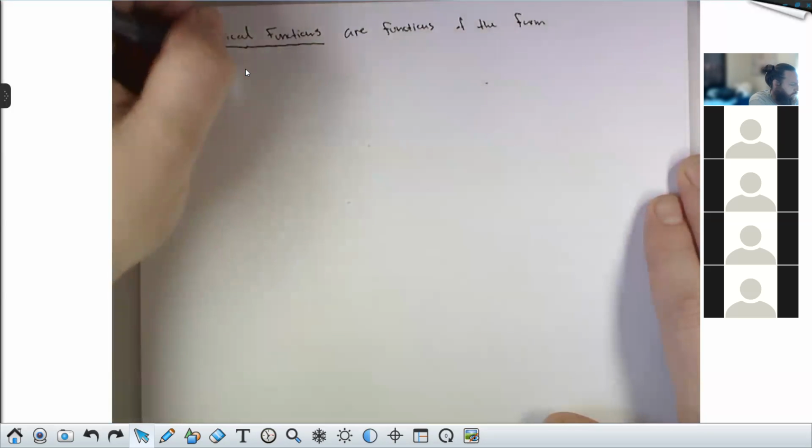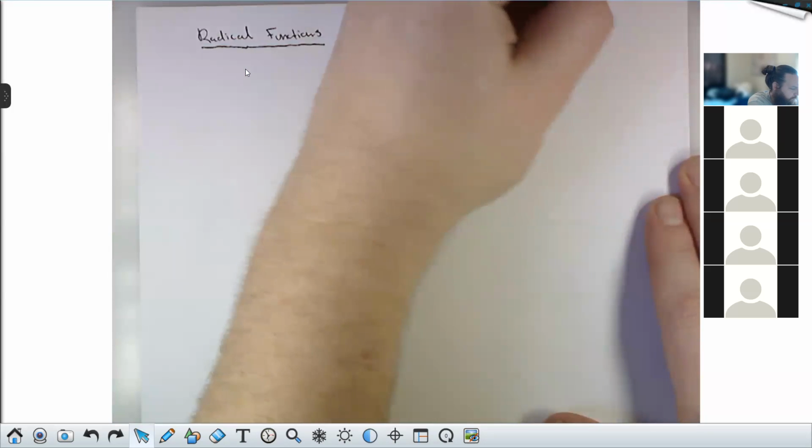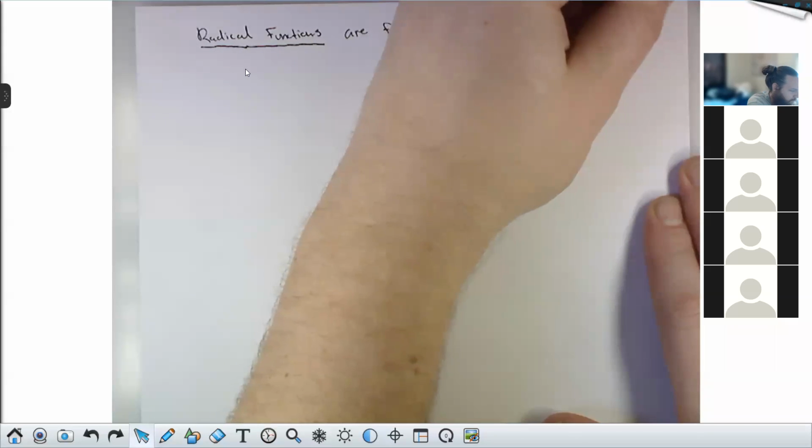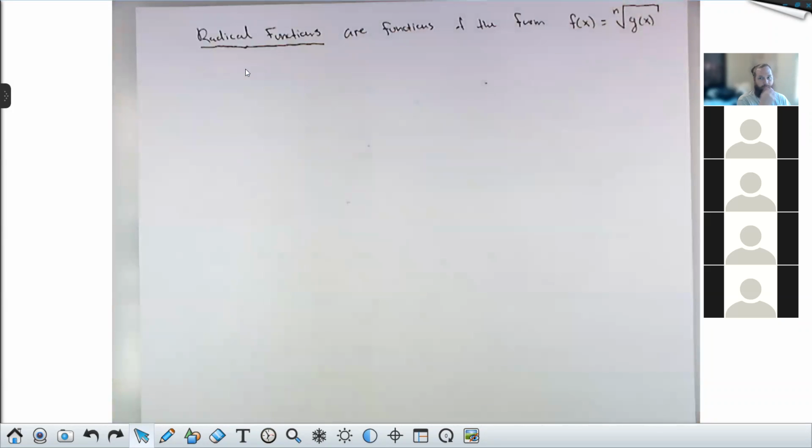So functions of the form f of x equals some root of some other function. And that root could be a square root, could be a cube root, could be a fifth root, could be a 12th root. G of x could be linear, quadratic, could just be x, could be a lot of different things.